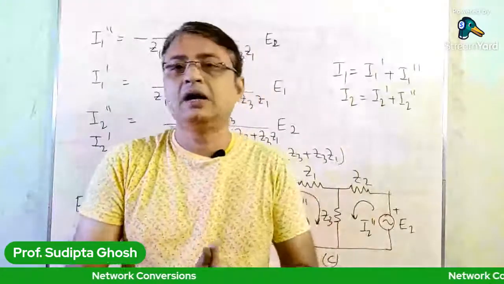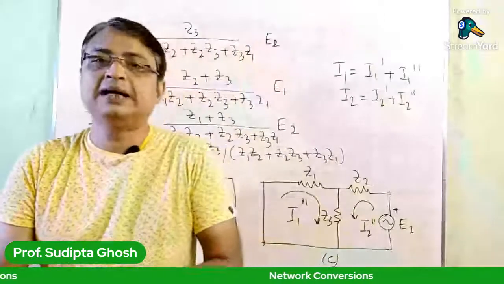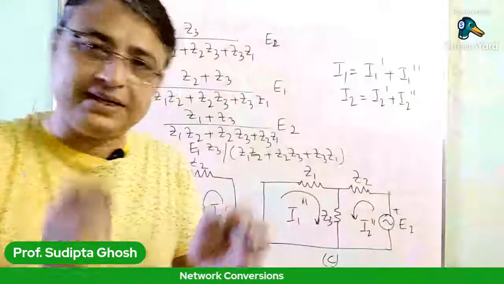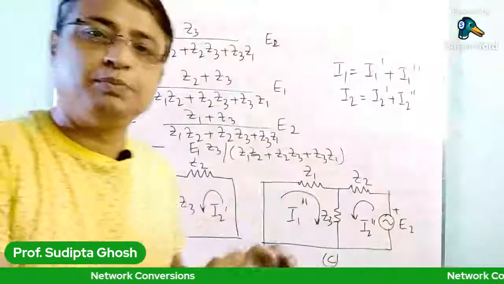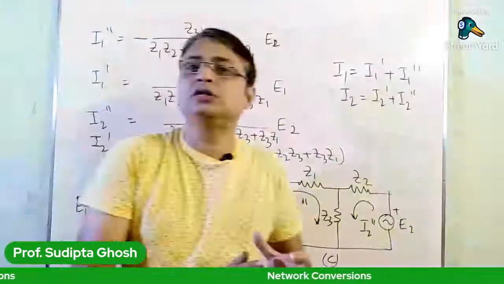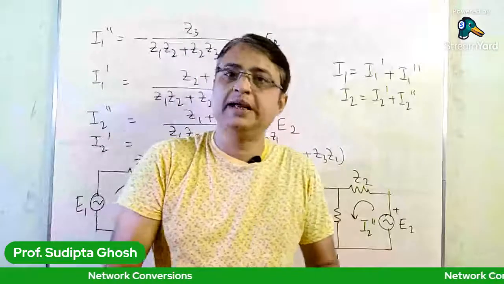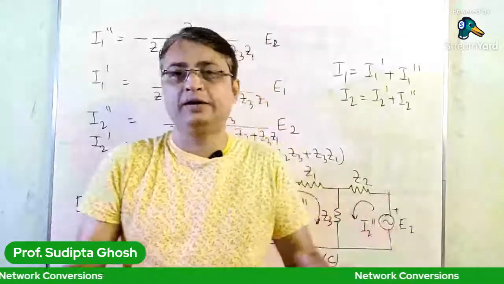And here I must mention one thing before concluding today's topic, that is a limitation. In the superposition theorem, we cannot go on applying it in every corner of network theory.